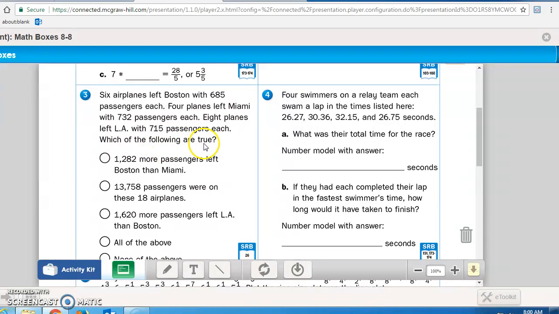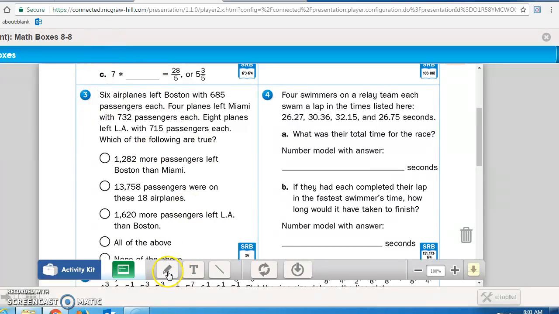Which of the following are true? 1,282 more passengers left Boston than Miami. 13,758 passengers were on these 18 airplanes. 1,620 more passengers left LA than Boston. All of the above or none of the above?